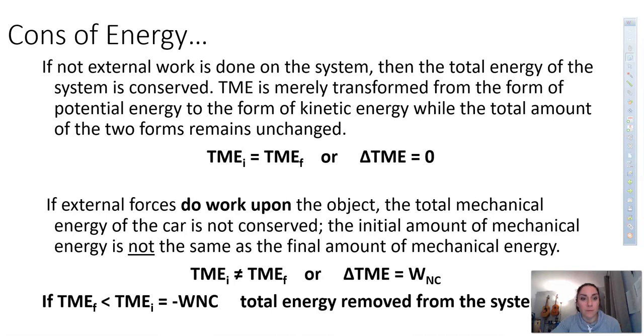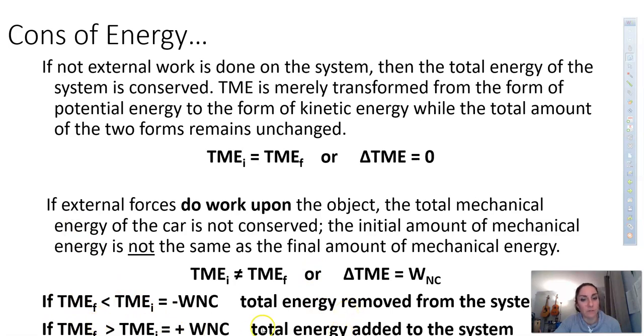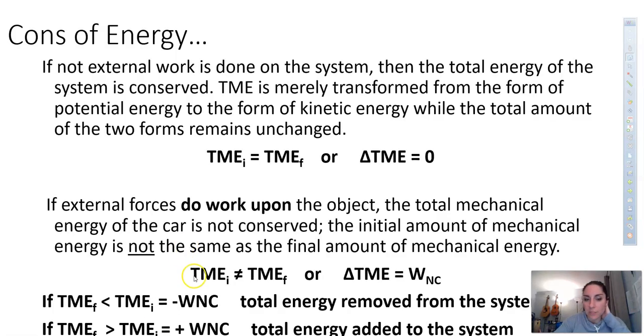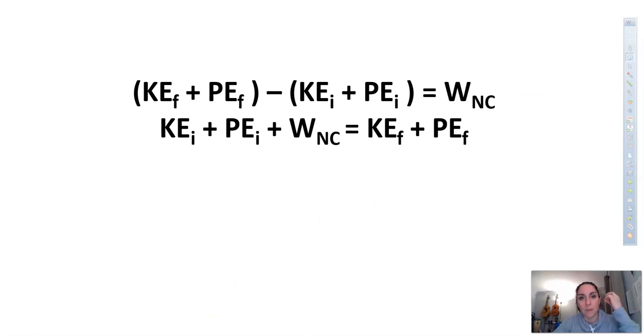And just like we found, if the initial is greater than the final, then energy was removed from the system, and vice versa. If the final is greater than the initial, then energy was added. Hopefully this makes sense. And like I said, the biggest culprit is friction, and then you have pushing or pulling. Those are the two works that you can get.